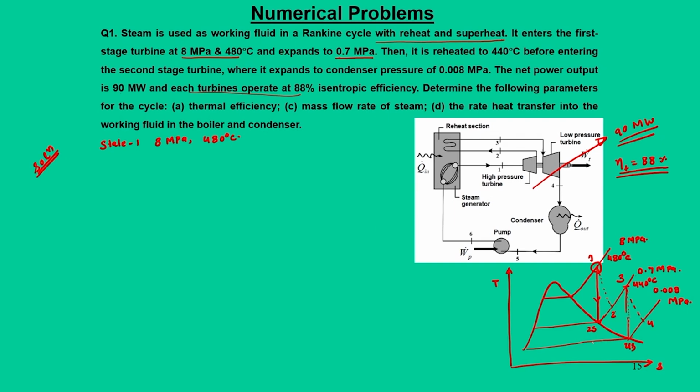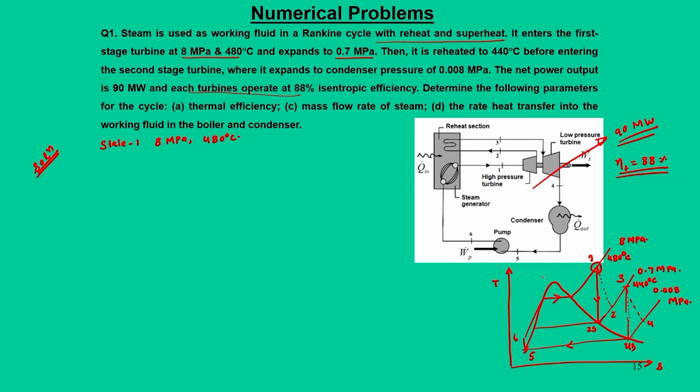Then from 4 the steam goes into the condenser and reaches state 5. Then at 5 there is a pump that takes this saturated liquid to the boiler pressure, and then from 6 to 1 it goes through in this manner.